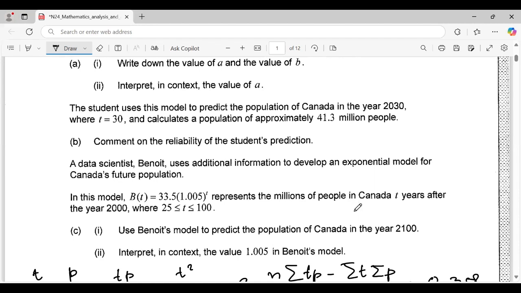Okay, so we're going to predict the population of Canada in the year 2100 based on the provided data.